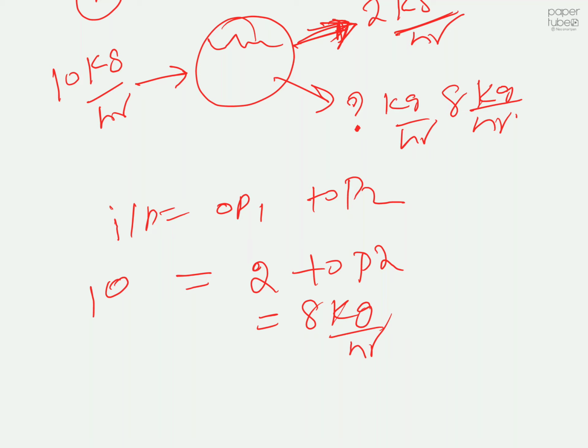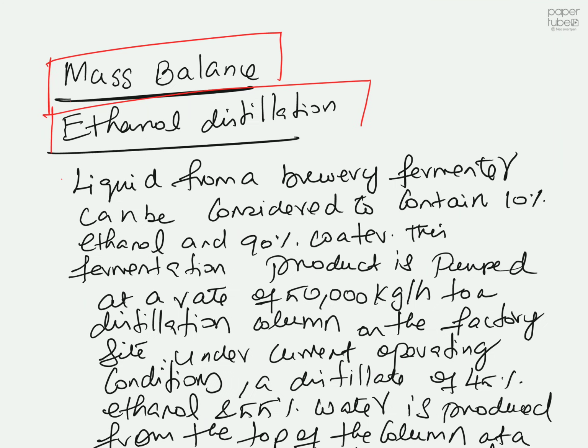So coming back to this problem, I don't know where I wrote it, it's here. I'm going to read the problem for you. We are going to perform an ethanol distillation using a distillation unit. I'm sure you all know how distillation works.